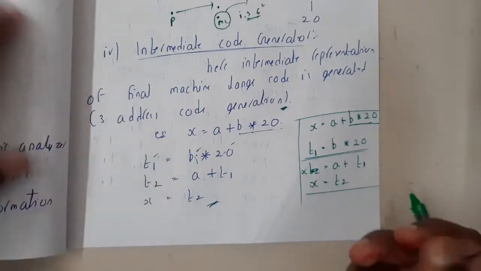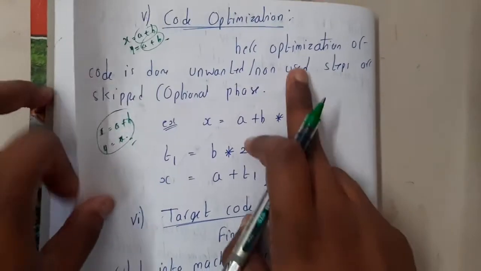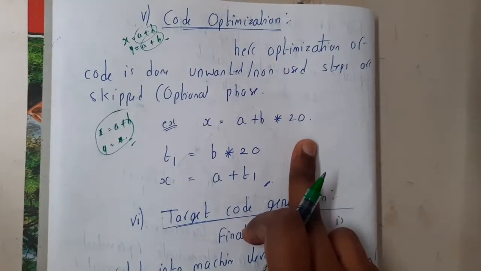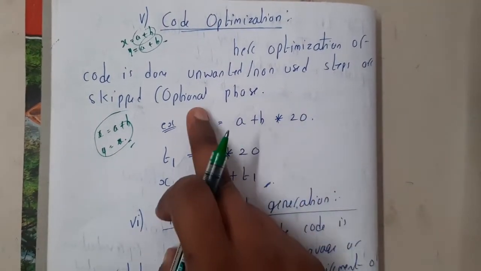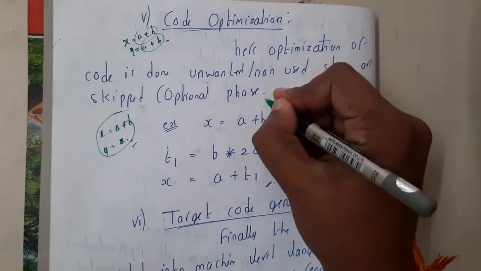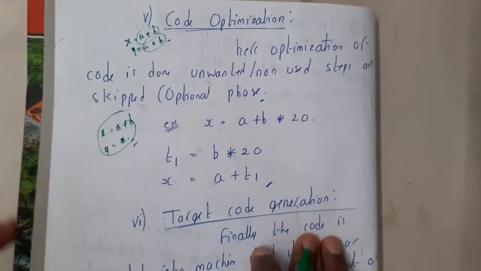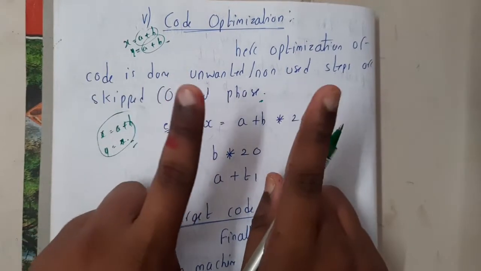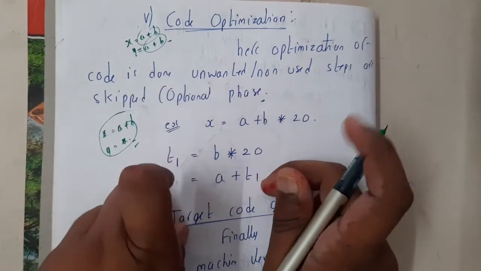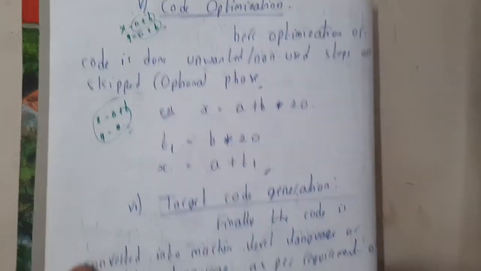So that is code optimization. Here the code is optimized, and unwanted, unused steps are removed or skipped. To be clear, this is an optional phase because with and without code optimization, the results will be the same. So what's the major thing? The time will be saved, guys. That's it, right?